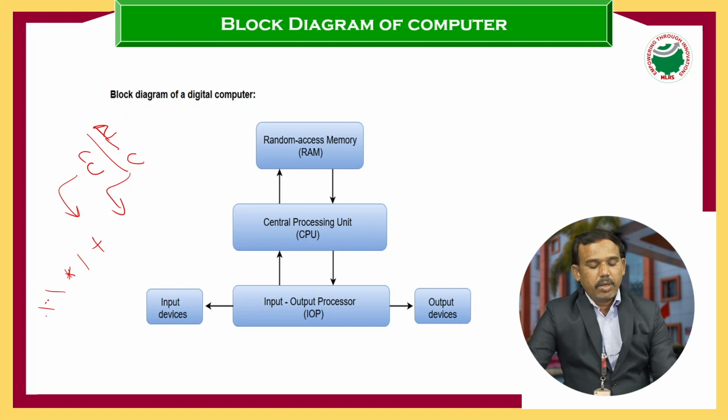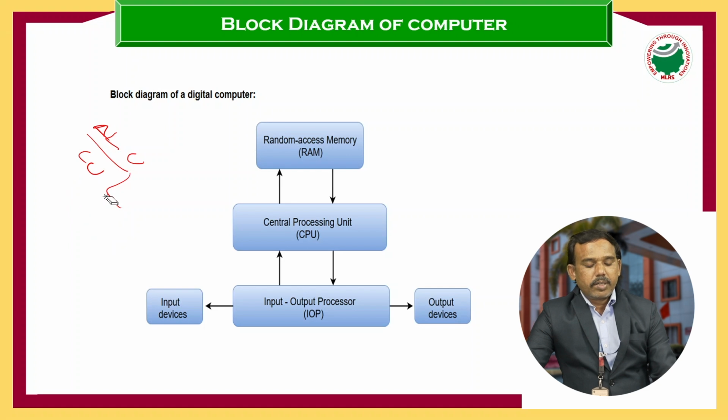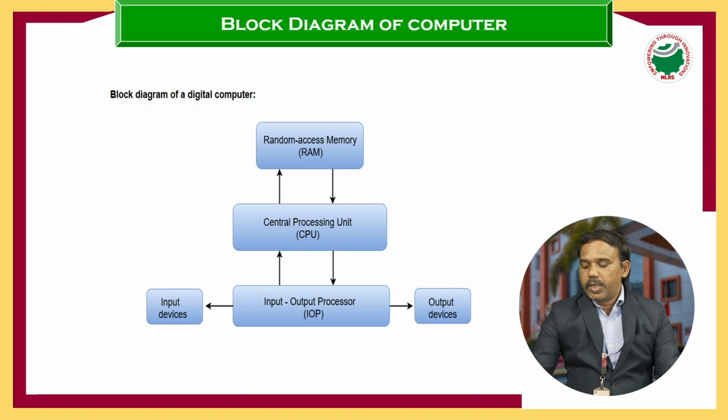Coming to memory, it is divided into two types: primary memory and secondary memory. The primary memory is divided into two types: random access memory (RAM) and read-only memory (ROM). So this is the block diagram of the digital computer.